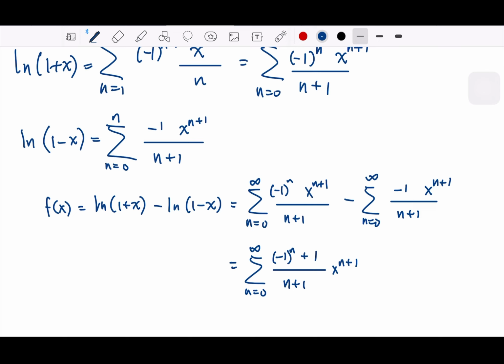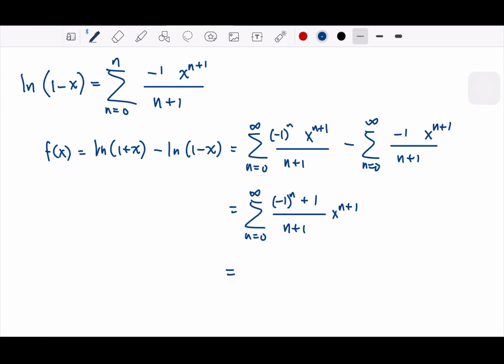So check 0, it becomes 2. 0, 0, it becomes x. So 2x. So this will be 2x.